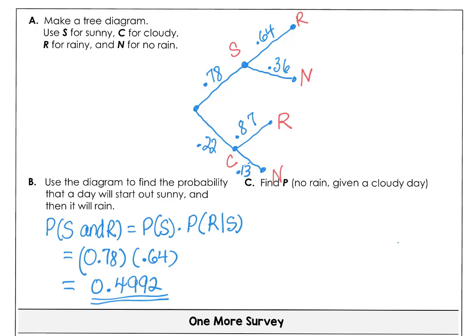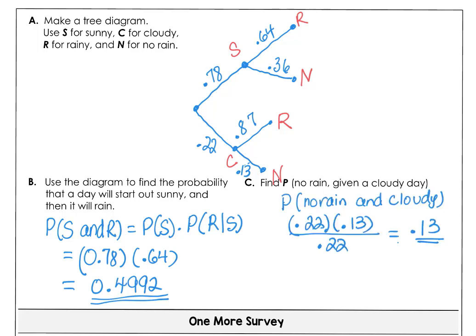Part C, we want to find the probability that there is no rain, given that it was a cloudy day. So here we have no rain. This was our cloudy day, and no rain would be 13%, or 0.13. No rain, given that it was a cloudy day.